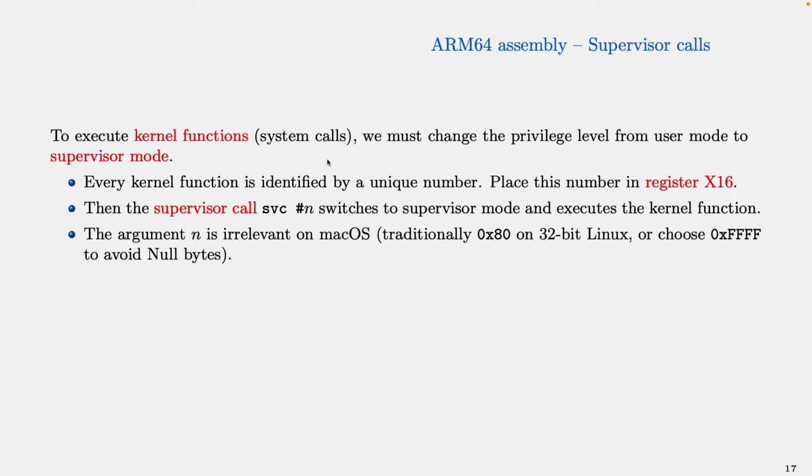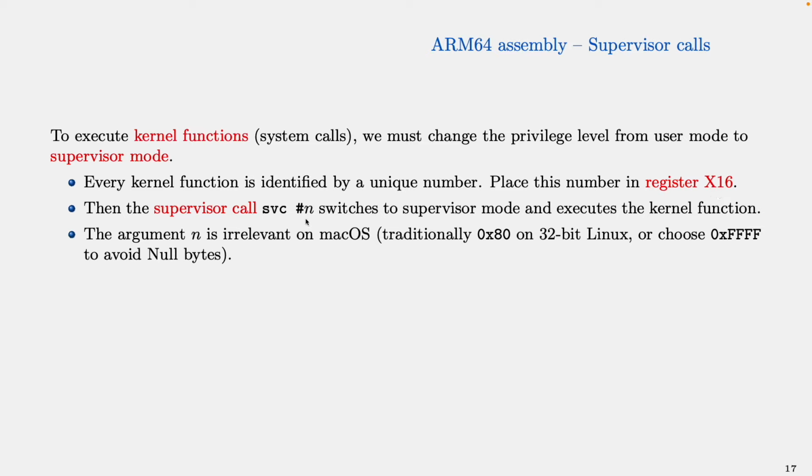Every kernel function is identified by a unique number, and this number is, as we have seen by now, placed in the register x16. And then we execute the supervisor call svc with some number n as an argument to switch to supervisor mode and execute this kernel function identified by this unique number in register x16.